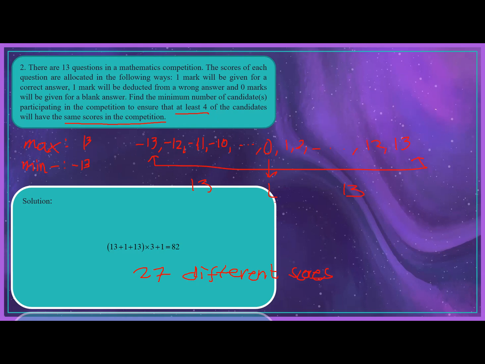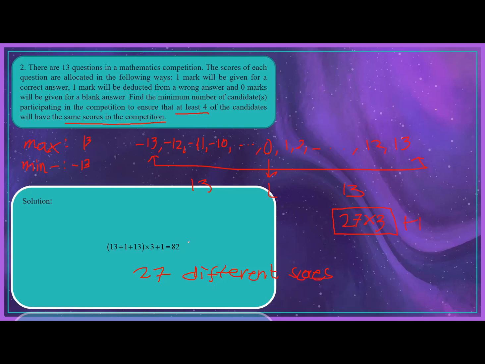So this means that we should have 27 times 3. Okay, this is for the number of candidates that have the same scores, with the equivalent of 3 candidates each. Okay, so now we only need 1 more candidate with any score, so that would be plus 1.